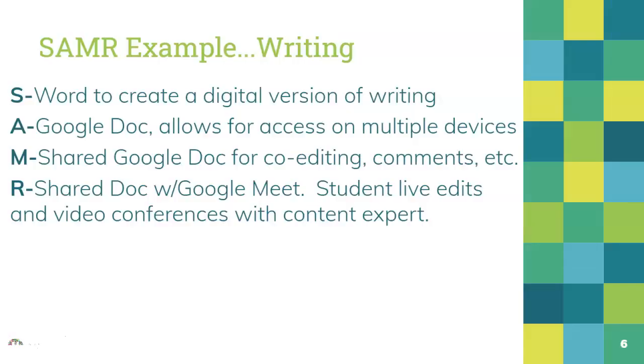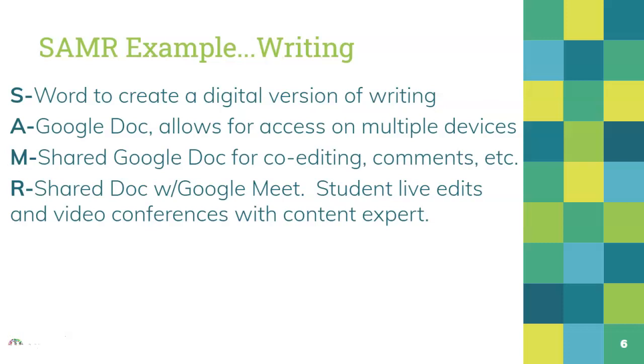A good example for that is always writing, right? I could just use a Word document to create a digital version of writing, really just a functionality improvement. That's no different than a journal, right? You really didn't change the lesson other than making something digital. That would be the S, the substitution.